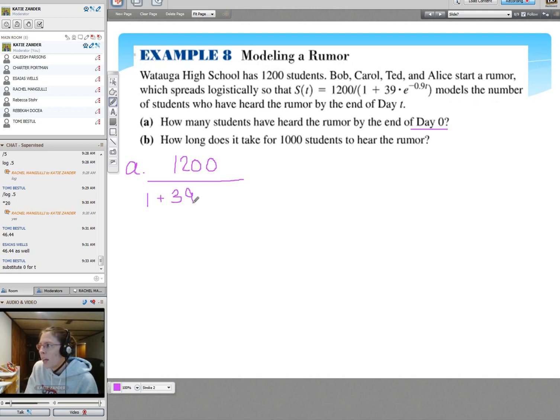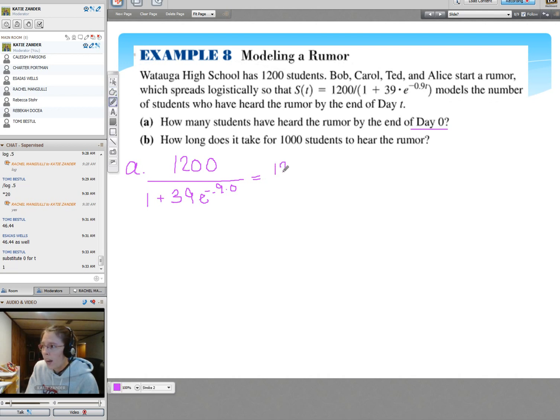So I'm going to go ahead and work on that. Let's simplify here. You're going to get e to the 0 power. What is e to the 0 power? 1, right? So technically you're going to have 39 times 1, which is just 39. So 1 plus 39 is 40.